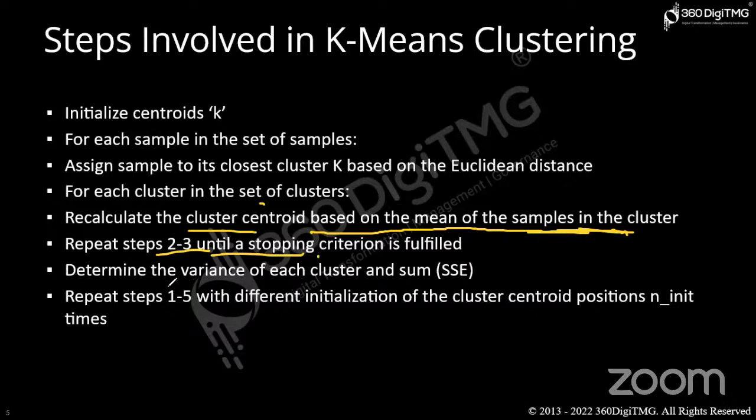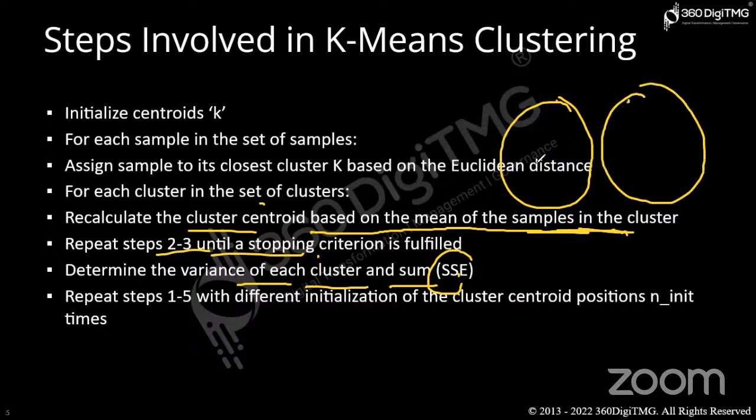Determine the variance of each cluster and the sum of the square of errors. So what is the sum of the square of errors? We have clusters: the distance within the sum of the square plus the distance between the 2 clusters, the between sum of the square.